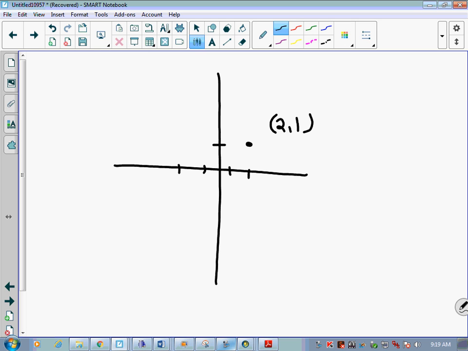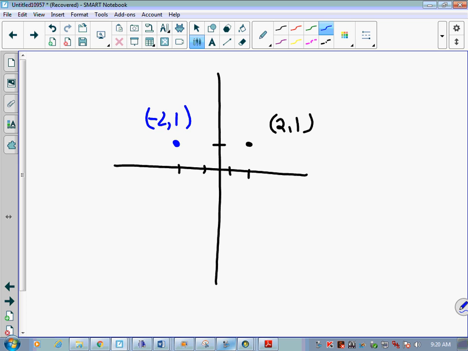It's going to be the midpoint, which means I'm going to go the same distance across the y-axis as I am from it right now. I'm 2 from it, so I'm going to go 2 across it, but I'm going to stay right there. What you'll notice about the change here is that I'm at -2, 1, which means when I reflected across the y-axis, the y value didn't change, but the x value became the opposite.